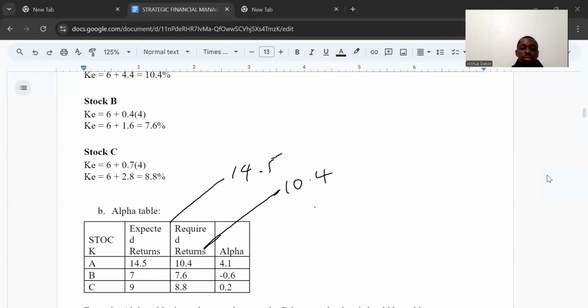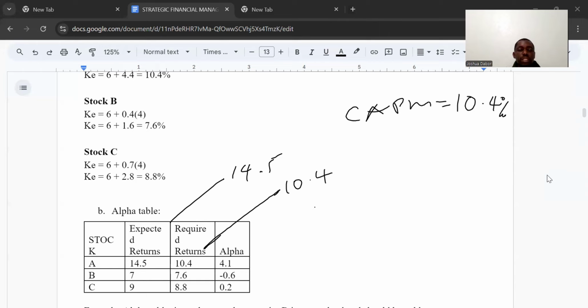So let me assume the model you are using is the capital asset pricing model. The model has told you that this security, based on the risk, should return 10.4% to you.